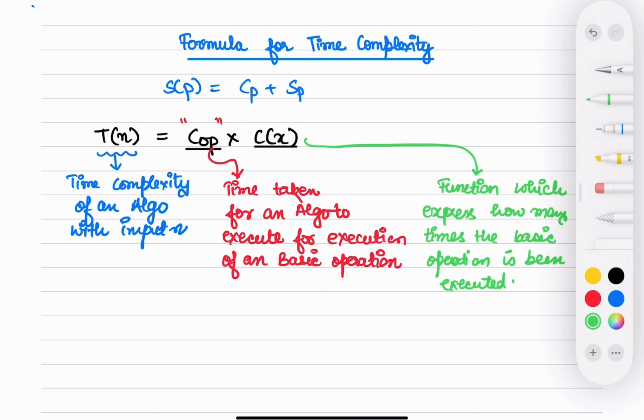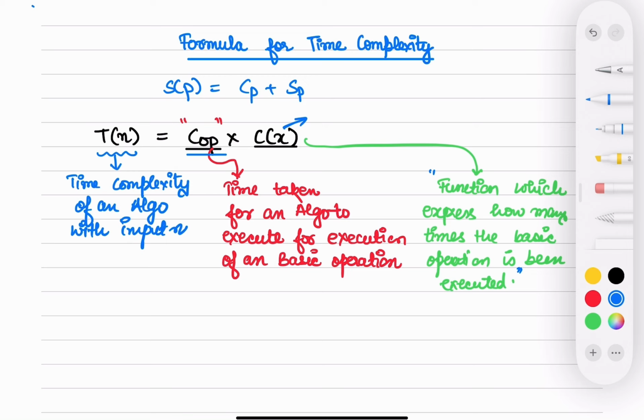Actually, this is what we are focusing on because the other part is again a constant. So whatever function we get out of this after calculation, that is what will give me the time complexity.